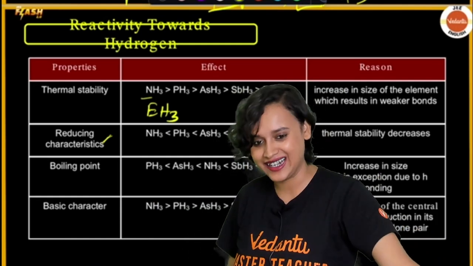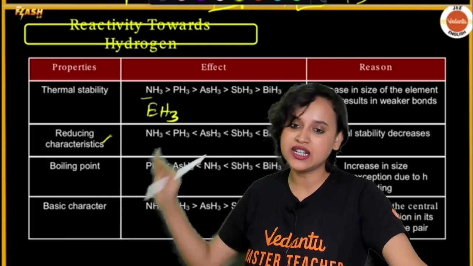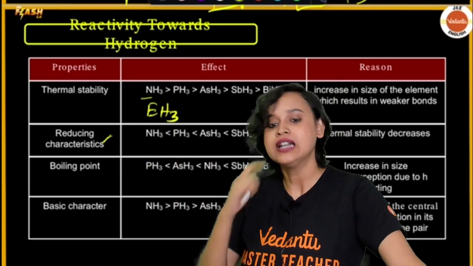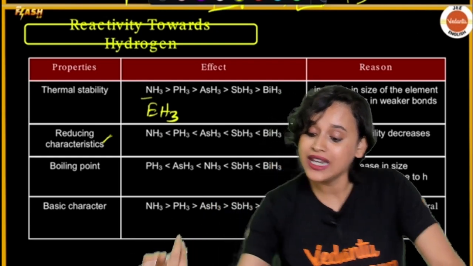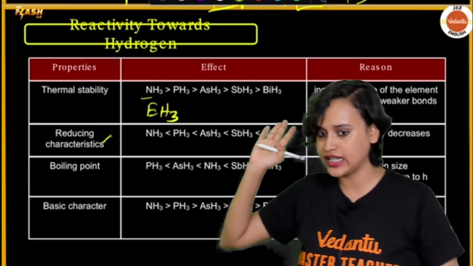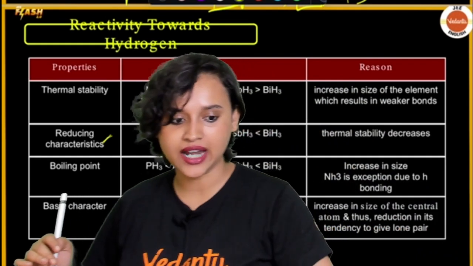Great, absolutely right. So reducing nature and acidic strength go together. Then we come to basicity. Basicity will be exactly opposite of the reducing character or acidic strength that I have just spoken about.